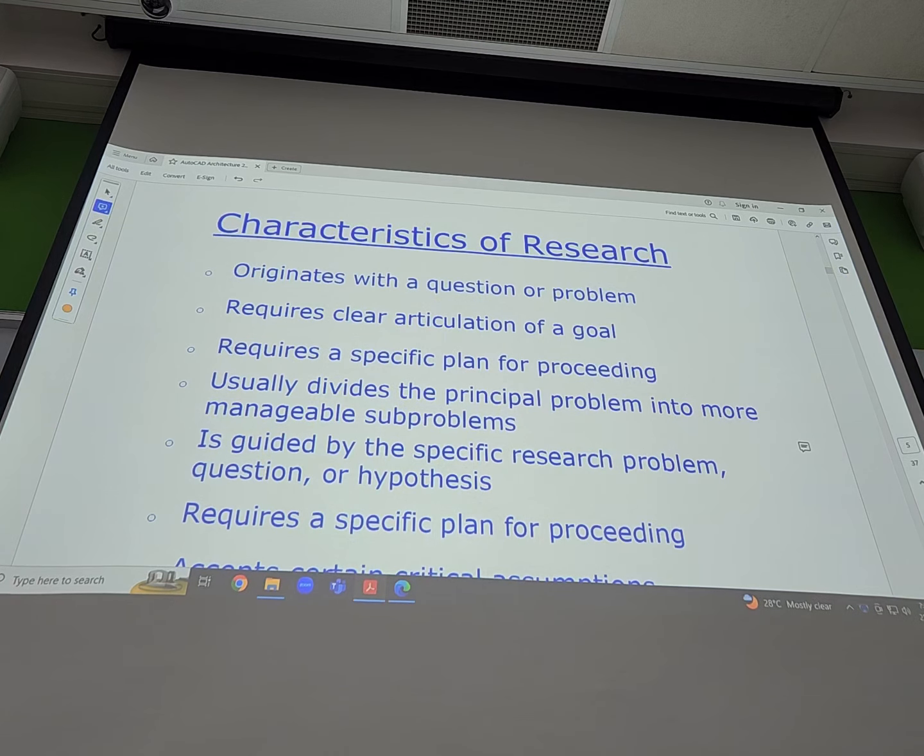Always there must be a goal, so you need to have some clear objectives. Normally people say that you want to reduce the global emission of carbon dioxide. That cannot be your objective. Your objectives must be quantifiable. For example, you are working in a manufacturing setup, and there are defects coming in your manufacturing process.